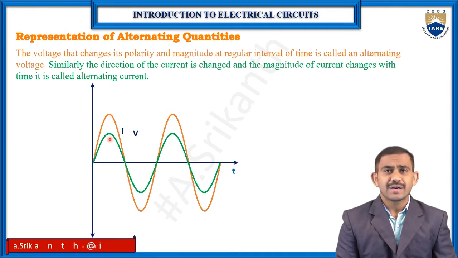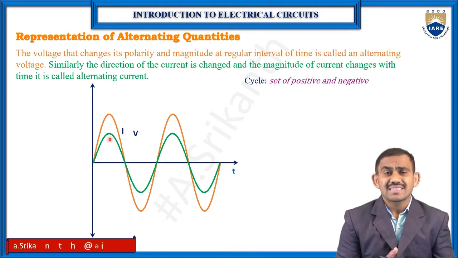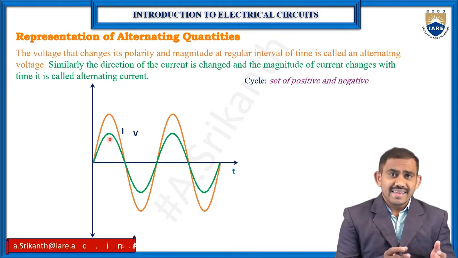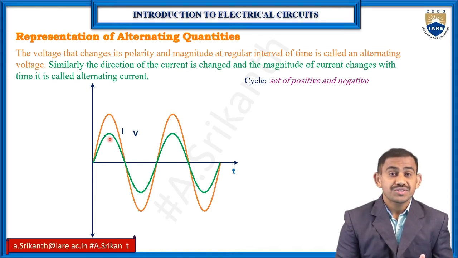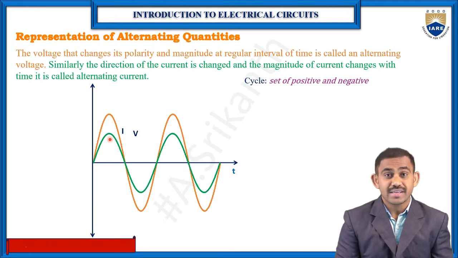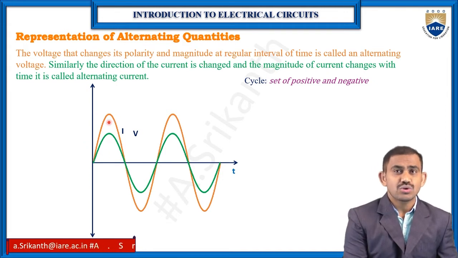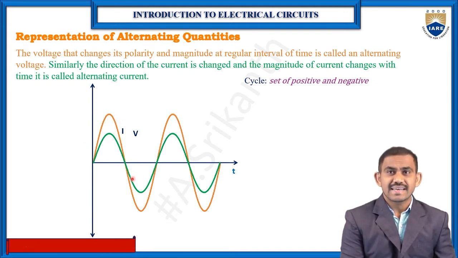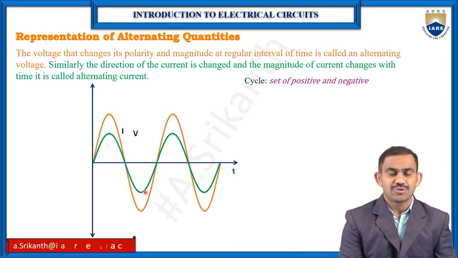Now coming to parameters. The first one is cycle. What is a cycle? In any alternating waveform, we have positive and negative polarities. The set of positive and negative polarity is nothing but one cycle. In this waveform, from starting at 0 up to this point, we have a positive peak as well as a negative peak.